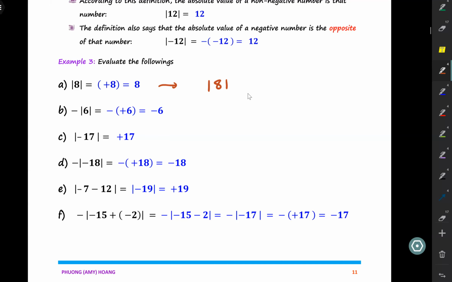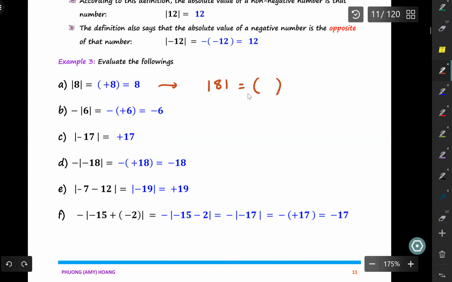So this is the absolute value of 8, which is equal to positive 8. So I turn this into a normal bracket and put positive 8, or I can just write it as 8. The reason I present it like this is because it's related to the next example, when I work with a negative in front of the absolute value.